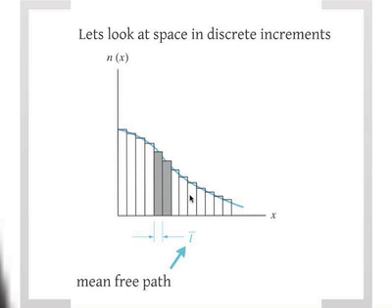Let's look at space in small increments where the length of that increment is equal to the mean free path. Of course, the logic is that within that increment, the electron on average has no collision. If you make the distance small enough, that's the average distance between collisions. That's average no collisions, right? Again, this is all statistical, so you have to think about it that way.